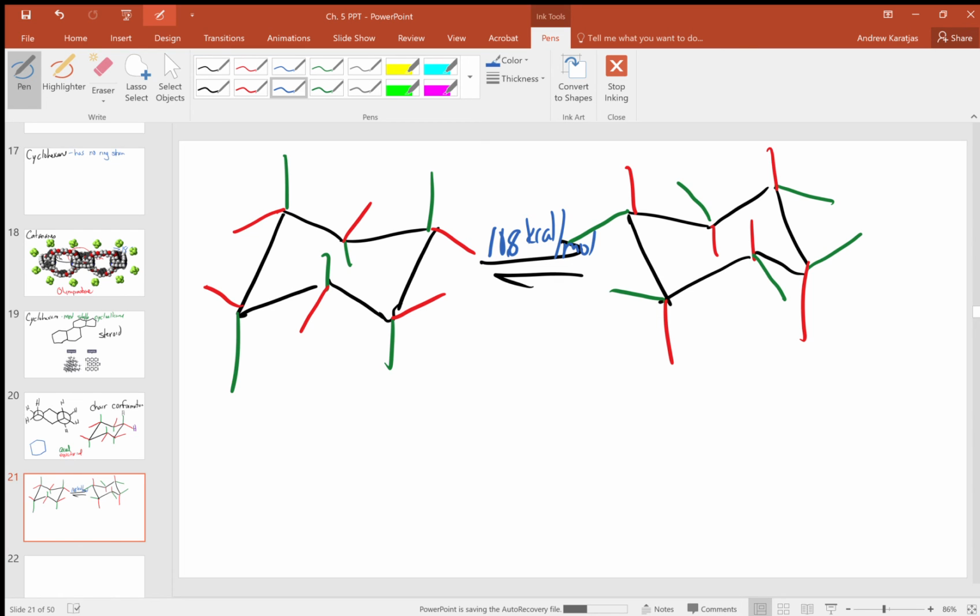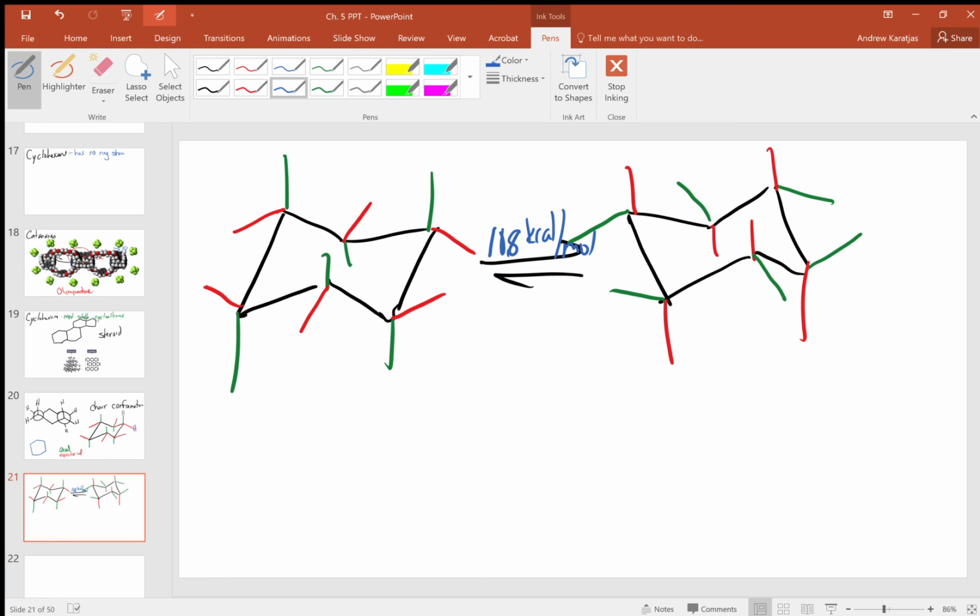And that means that on an NMR timescale, the amount of time it takes to take an NMR spectrum, we can't tell the difference between them. But what becomes interesting and important is when we start to get other substituents on here. And that's what we'll get to in a minute.